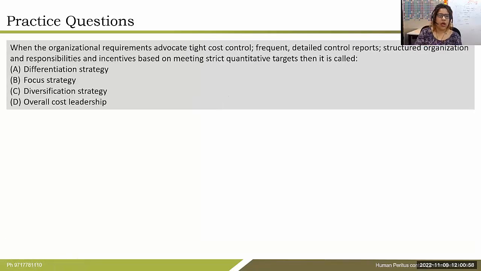Okay. When the organization requirements advocate tight cost control, frequent detailed control reports, structured organization and responsibilities, and incentives based on meeting strict quantitative targets, then it is called... Please answer correctly.